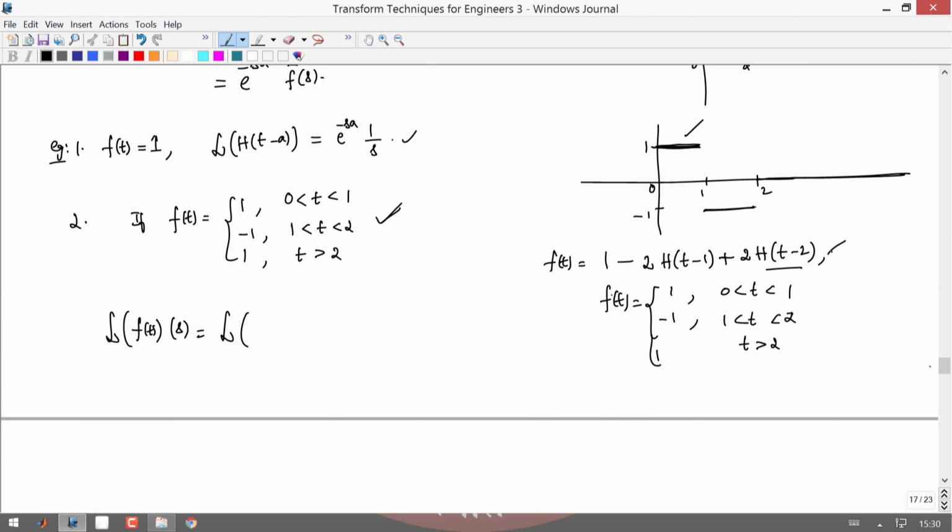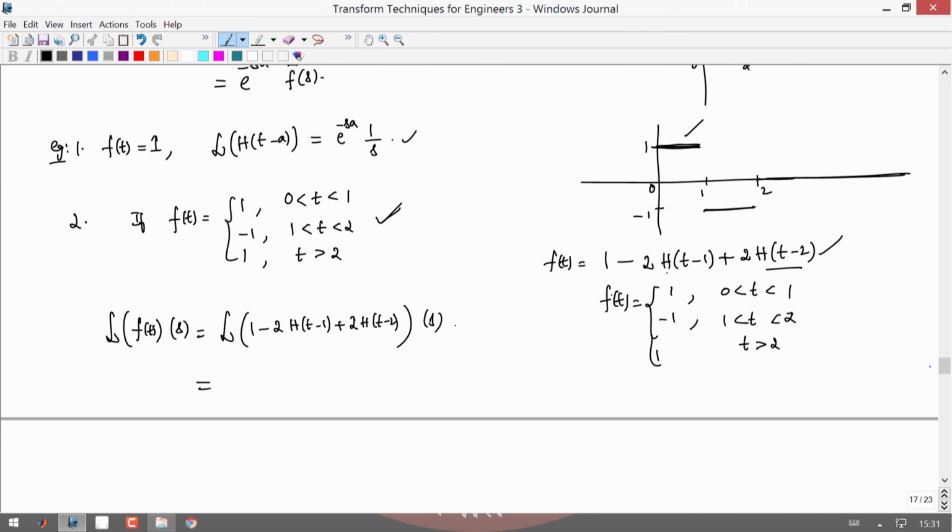You can represent that function like this: you can write 1 minus 2 h of t minus 1 plus 2 times h of t minus 2 as a function of s. Because the Laplace transform is a linear operator, this integral can be split into 3 terms.